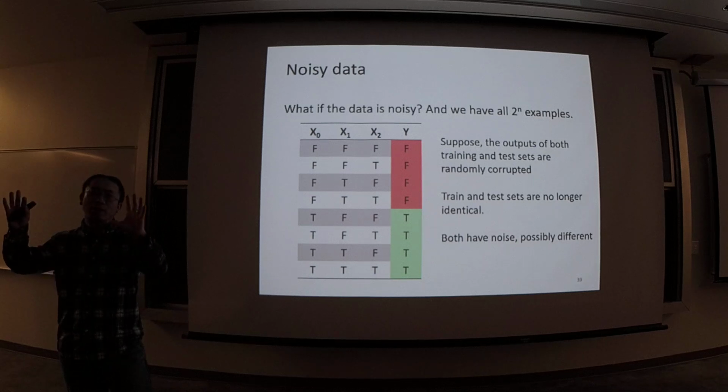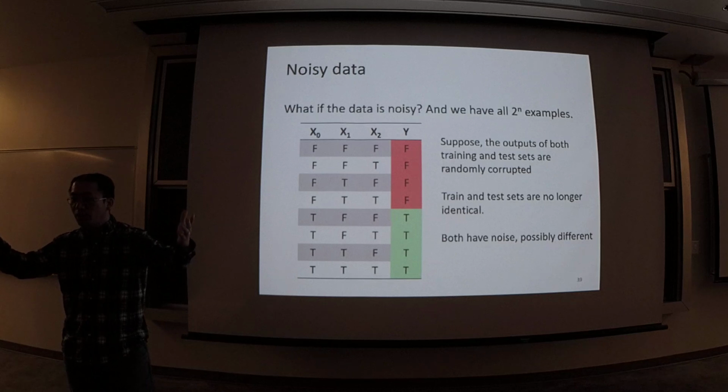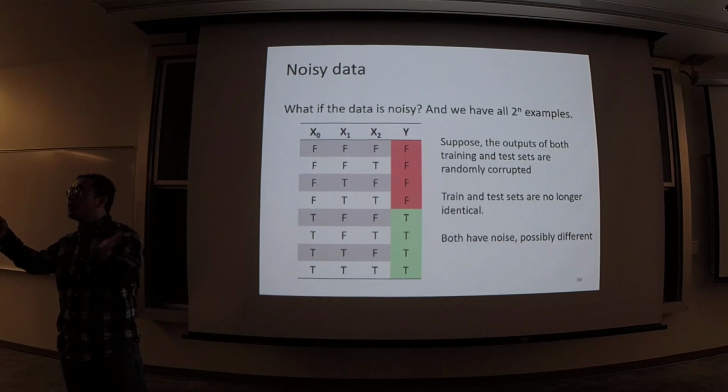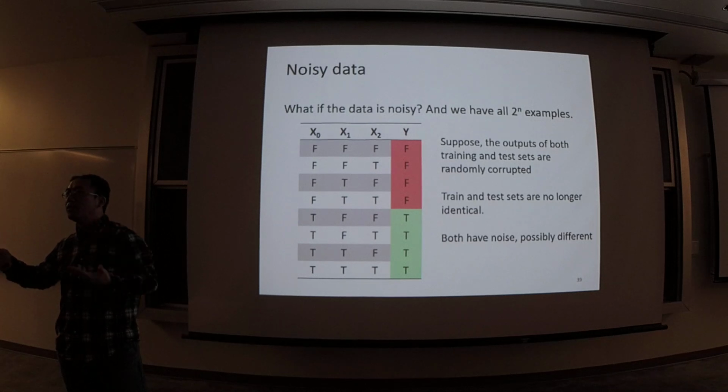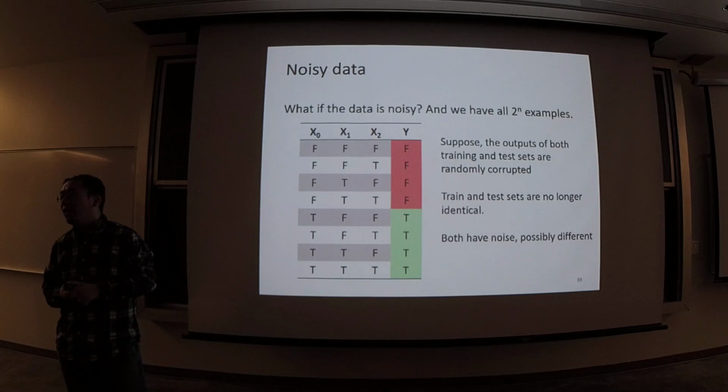And those noises can mislead the construction of trees. As a consequence, when you test your tree on some future test examples, the performance can drop. That's why in practice, we actually do not like the perfect fit.